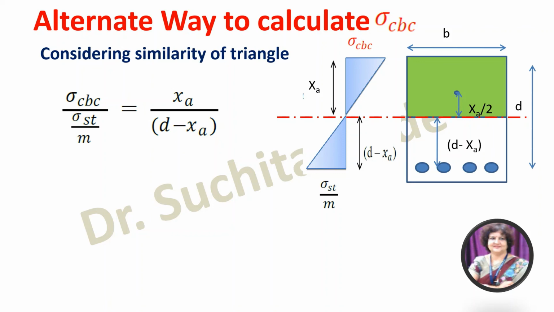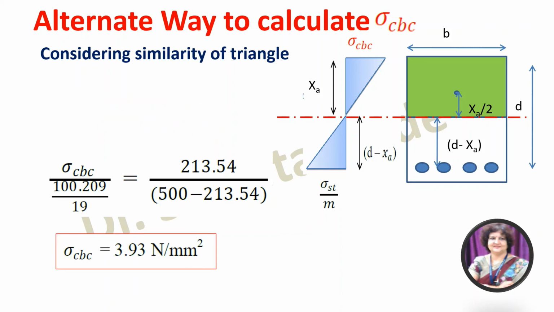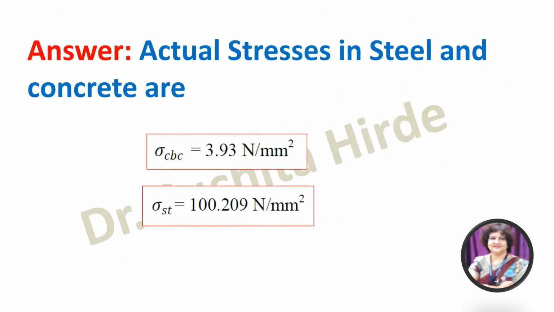XA value we have already calculated, D we know, sigma ST we have calculated, M is also known. So from this expression we can calculate sigma CBC. You can use any method. If you substitute everything here, you will get the same value of sigma CBC, that is 3.93 Newton per millimeter square. So finally, our final answers are sigma CBC is 3.93 Newton per millimeter square and sigma ST is 100.209 Newton per millimeter square.